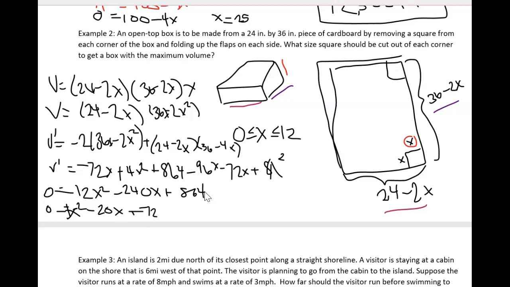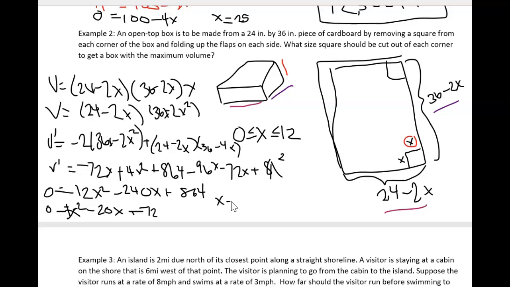So this would be great if I could factor this. Are there numbers that multiply to be 72 that can add to equal 20? So we might try 9 and 8, 12 and 6, 3 and 24, 2 and 36, or 1 and 72. None of those factors work. This is the type of problem where we need the quadratic equation.